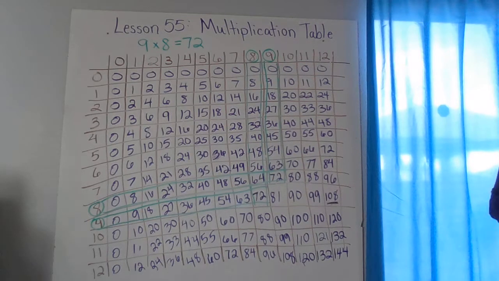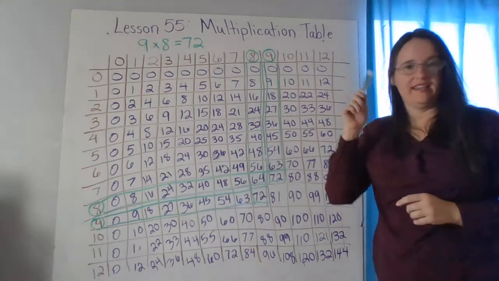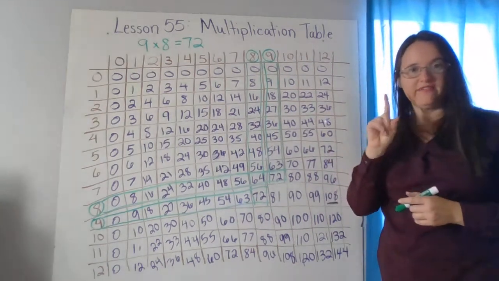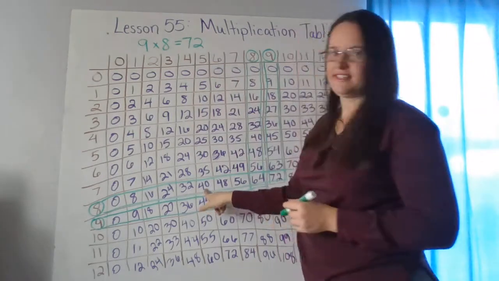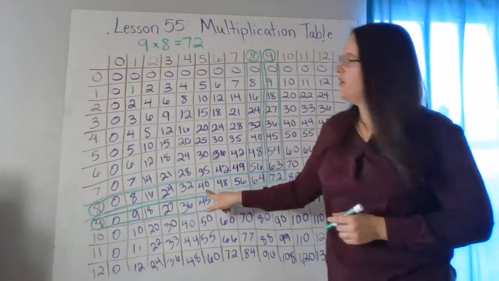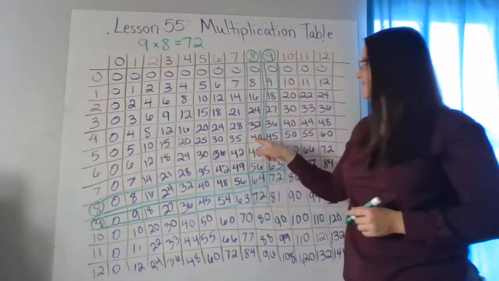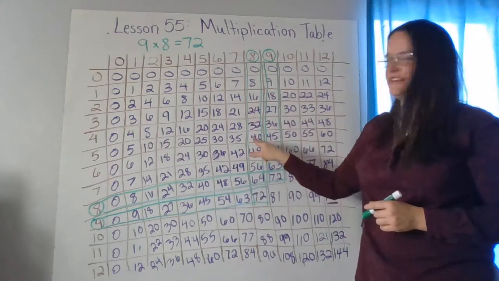So you gave me the value of 8 nickels. You should think in your head, 1 nickel is 5 cents. So I need to do 5 times 8 to find the answer. Or I could go this way, 5 times 8 to find the answer.